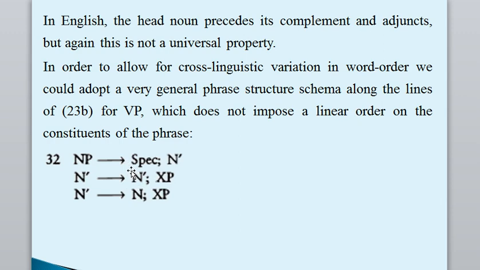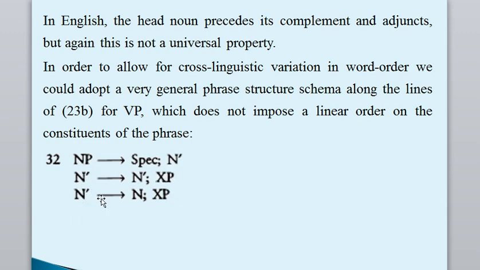Like VP, we can produce phrase structure rules for NP. So we have NP, which is composed of a specifier and N1 bar. This N1 bar is again composed of N1 bar and XP. It means any phrase, any PP, NP, or other phrases.